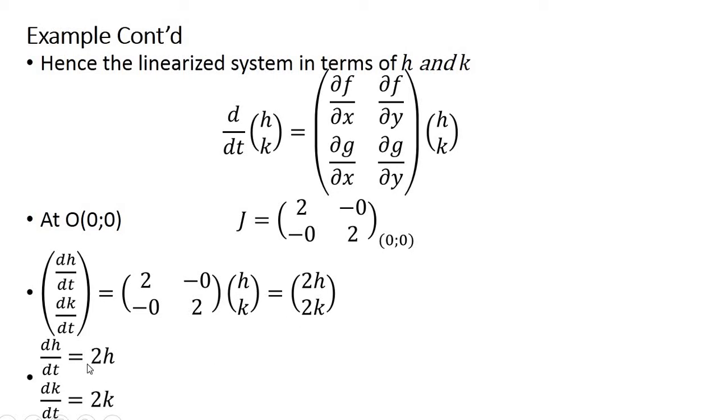Therefore our linear system at this equilibrium point is dh/dt equals 2h, and dk/dt equals 2k.